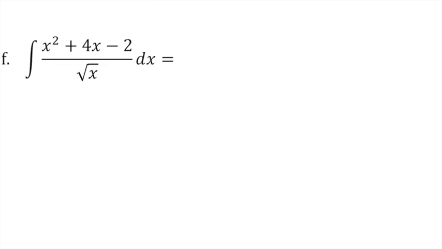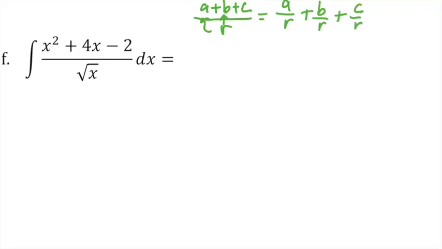Okay, f, again, this looks like a product or a quotient rule to me. I am going to rewrite this with each base separately, because again, you can always split your fraction with each base. So a over r plus b over r plus c over r.